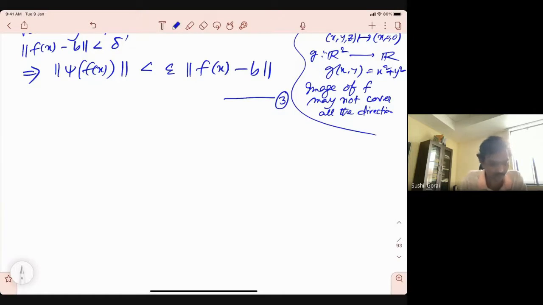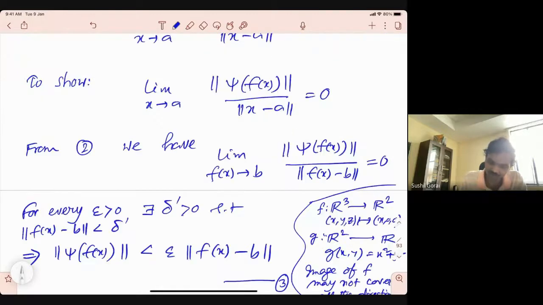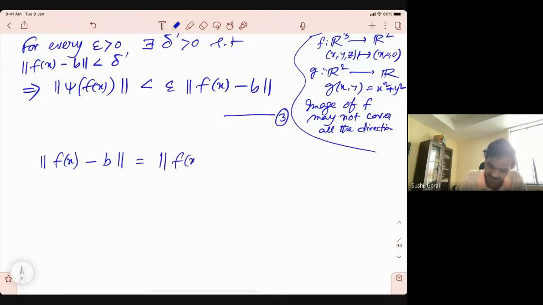Now let's look at this norm of fx minus b, which is nothing but fx minus fa, right?